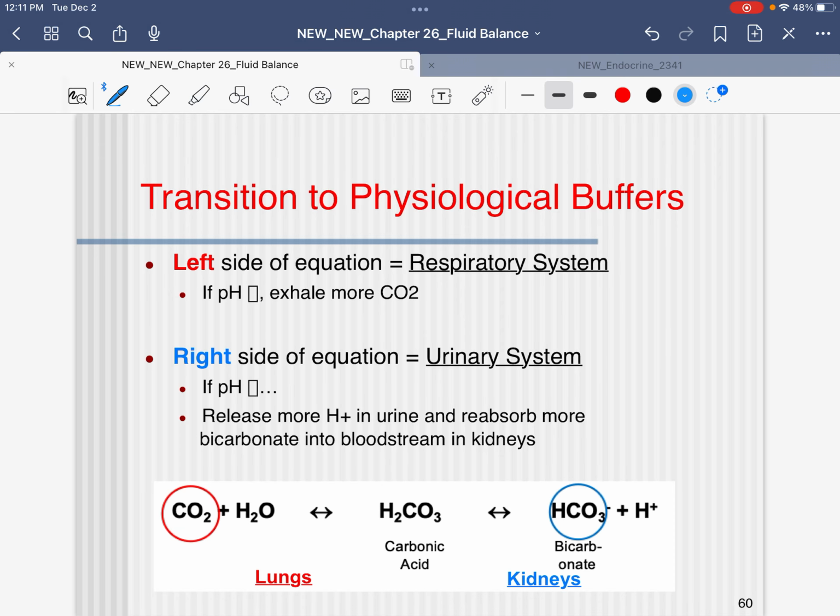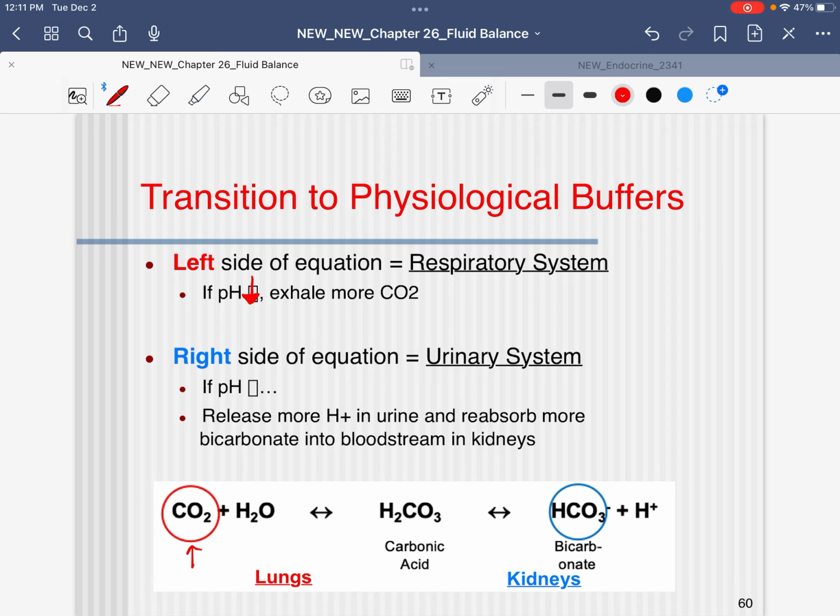Now, this equation can also show us the longer term, and that's just why I like to use this. We can utilize our lungs by breathing out more or less CO2. If pH goes down, if pH is too acidic, don't we want to exhale more CO2?